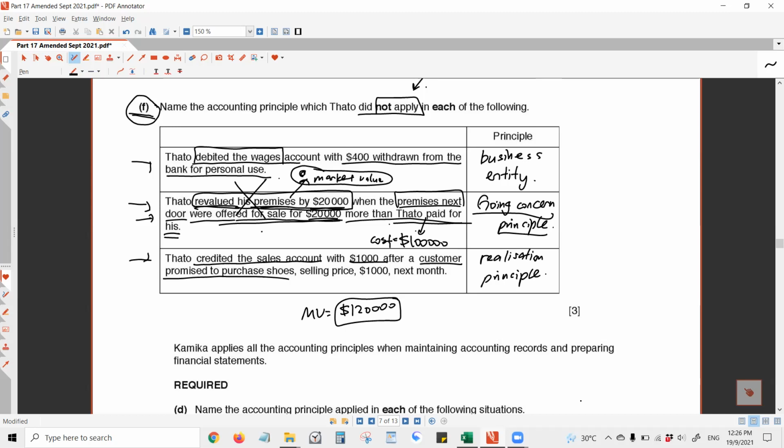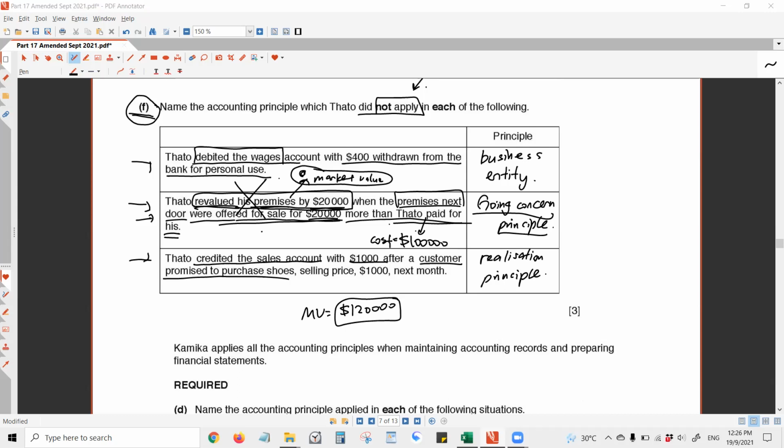The question says premises next door is only for the market value, I thought. But try to think, in a row of shops, would the price be very different between them? I don't think so. In the same location, they must be for sale at almost the same value.